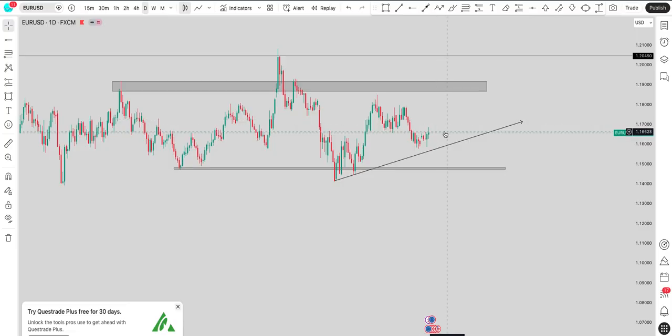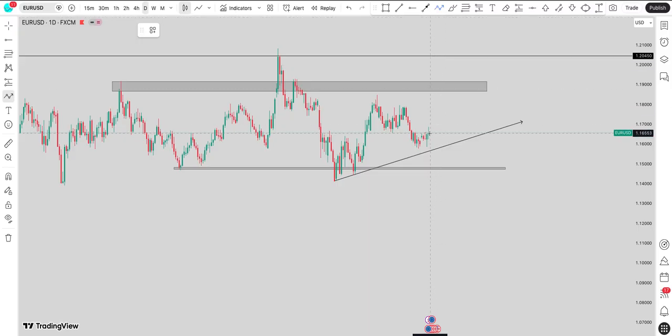So what I actually want to see on Euro USD, what I would prefer before taking a trade, is for the market to come into this level right here. It would be a beautiful zone for me to take a sell from. But now I do not know if the market will still be interested in coming to tap into this level.